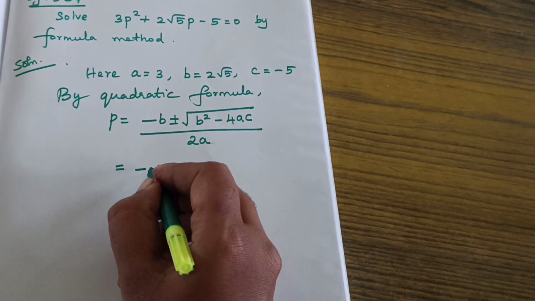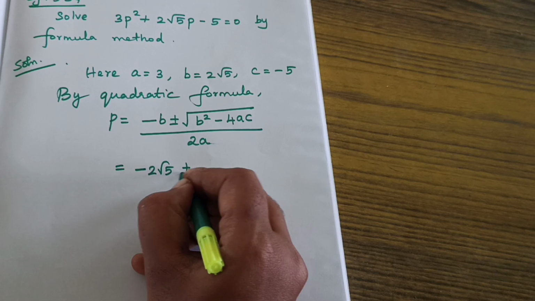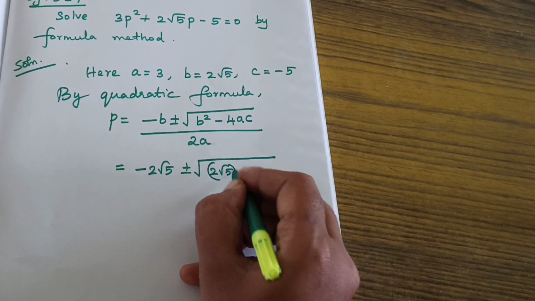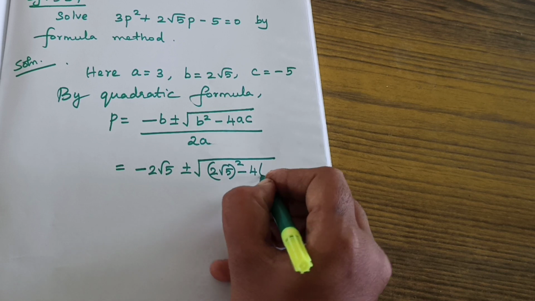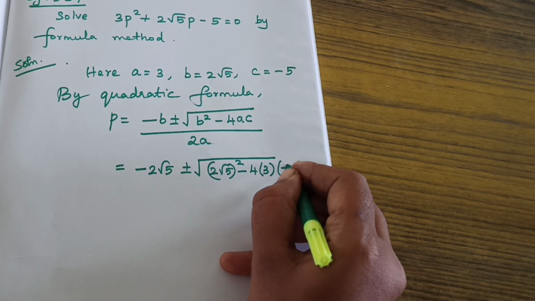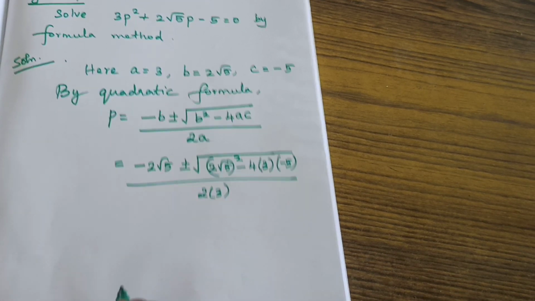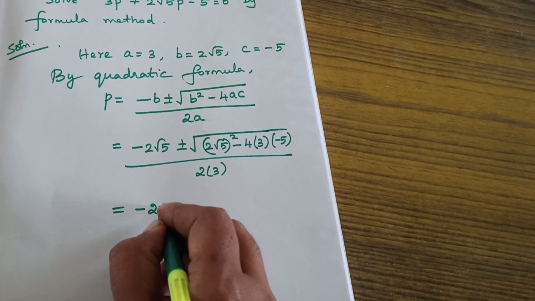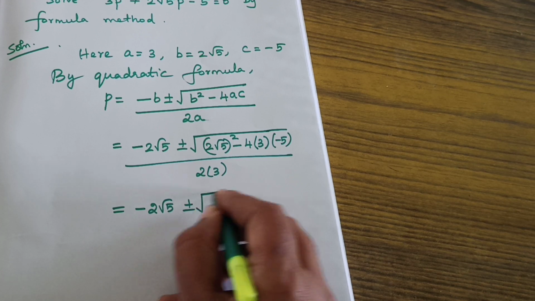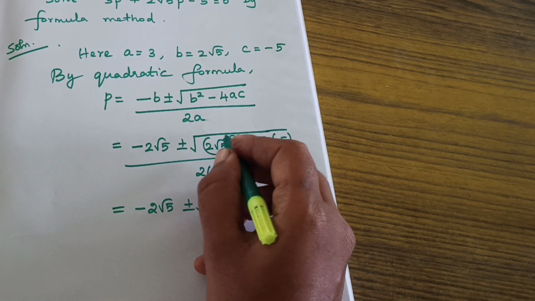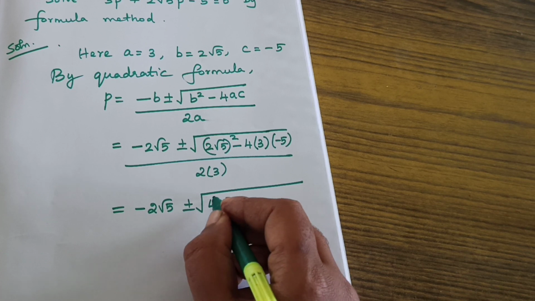which is equal to minus b. So minus 2 root 5 plus or minus square root of b square, 2 root 5 the whole square, minus 4a 3 c minus 5 by 2 into 3, which is equal to minus 2 root 5 plus or minus square root of, here be careful, 2 square is 4, root 5 the whole square is 5.